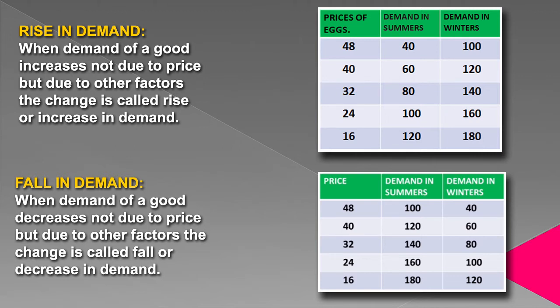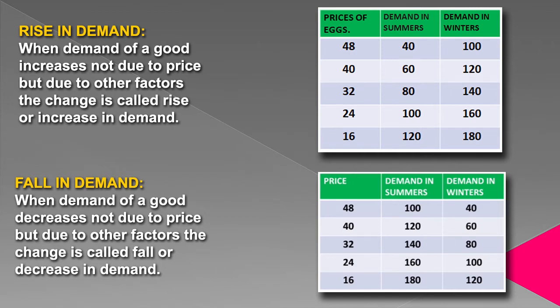Now price remains the same. There is no change in price. At 48, in summers, demand was 40. Now in winters, demand increases to 100. At price 40, demand in summers was 60. Now in winters, demand increases to 120. At 32, demand in summers was 80. Now in winters, it is 140.